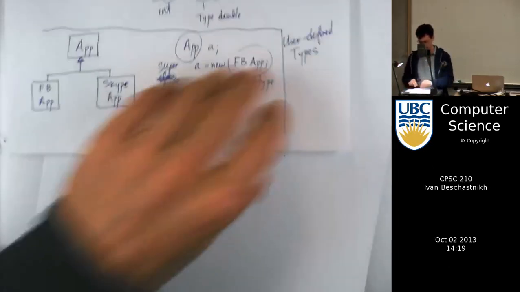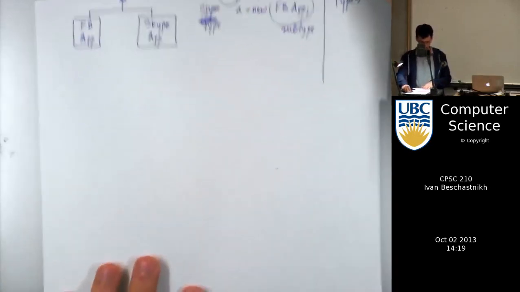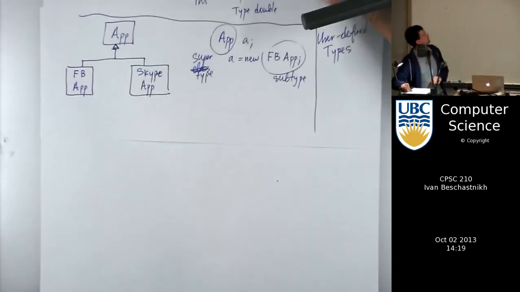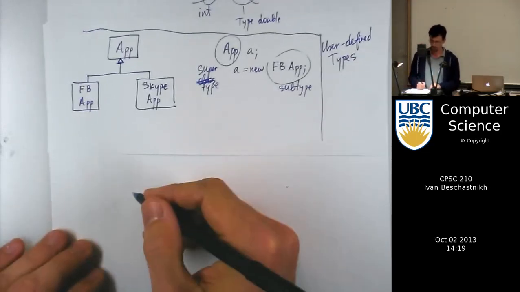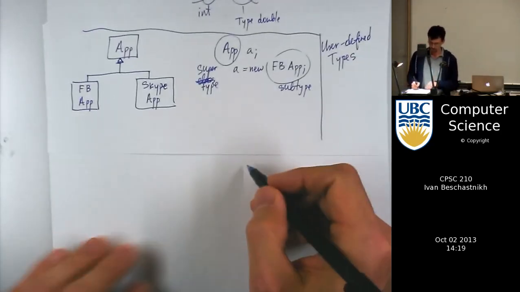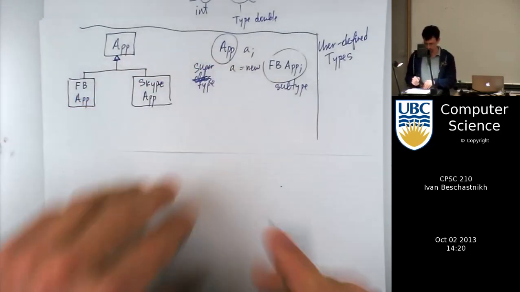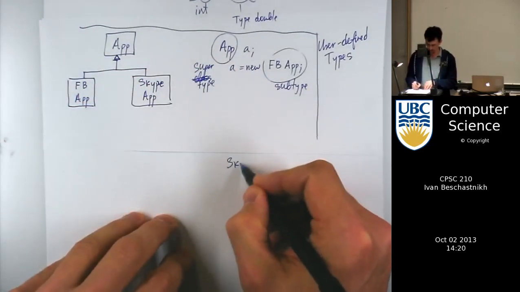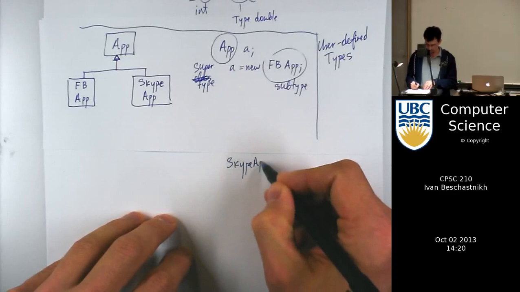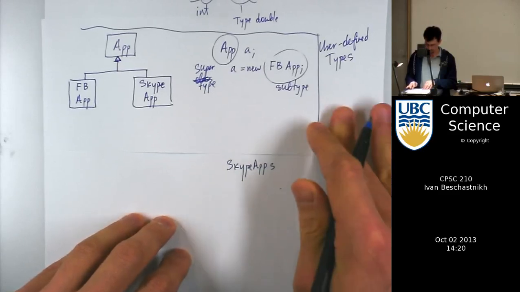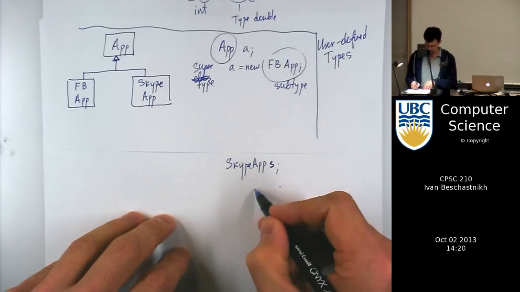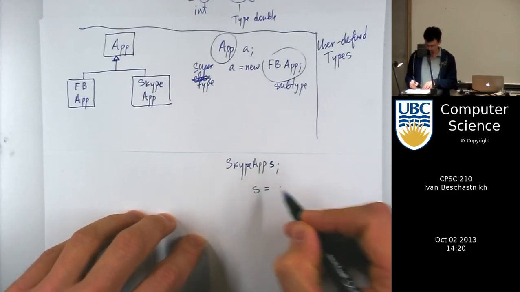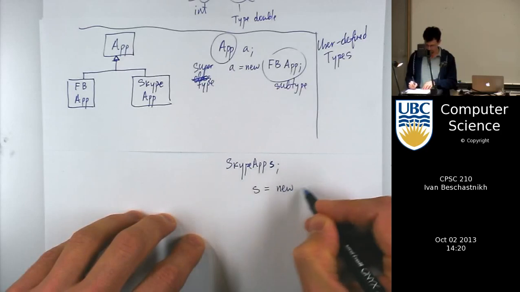What about this guy? What if I defined a new variable, and then I did S equals new app B app.